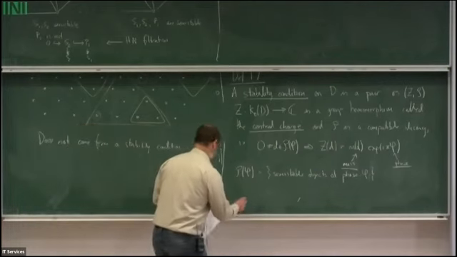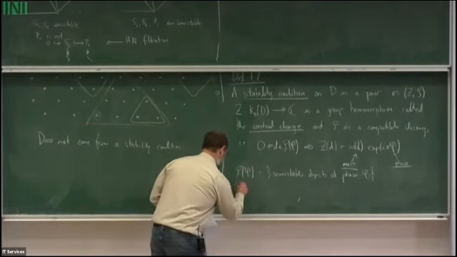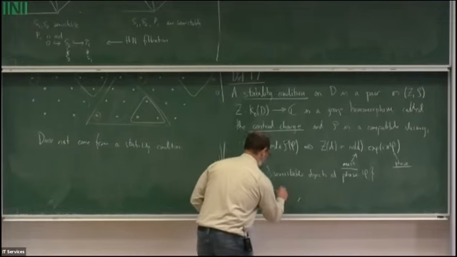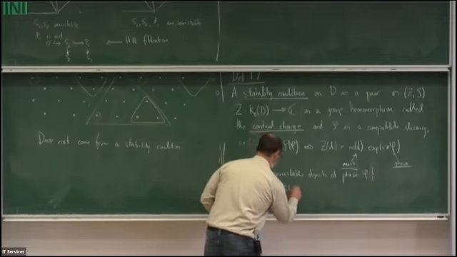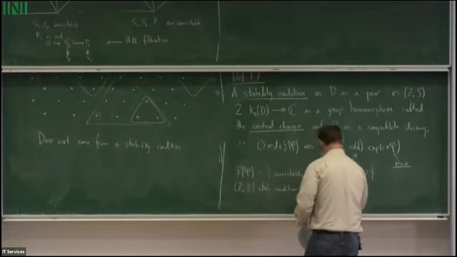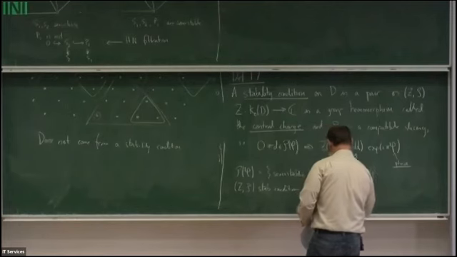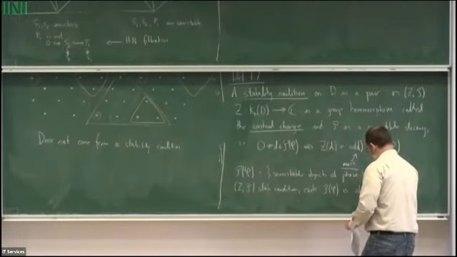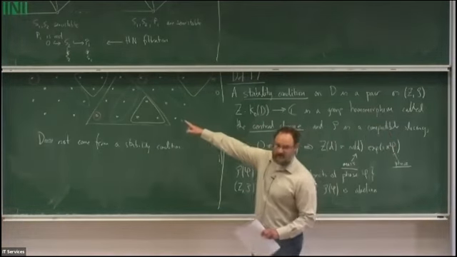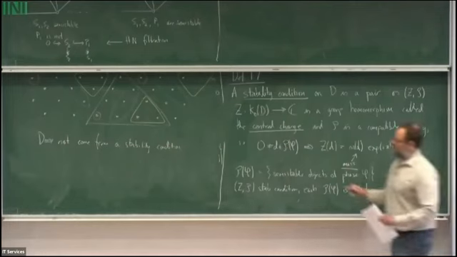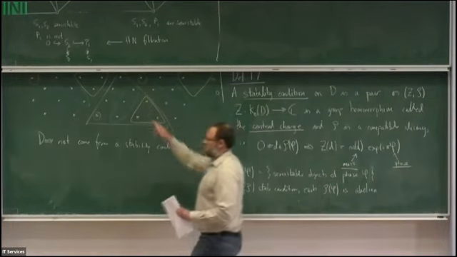So if this is a stability condition, each P phi is abelian. So this is what fails in this example. So this blue one here isn't abelian.